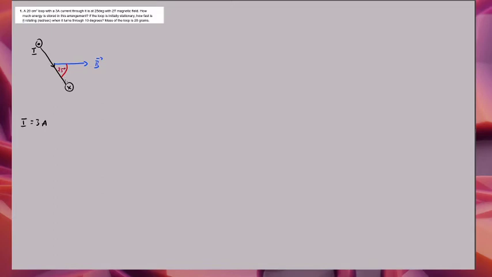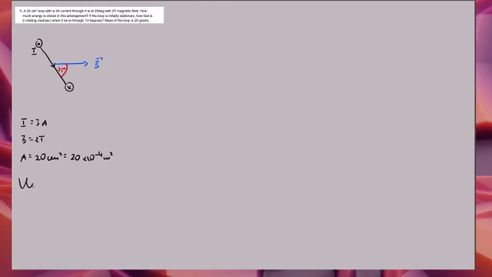And the magnetic field itself, B, is 2 Teslas. So I'm going to put here B equals 2T, 2 Teslas. We have the area of the loop. A is 20 centimeters squared, and so that would be 20 times 10 to the minus 4th meters squared.